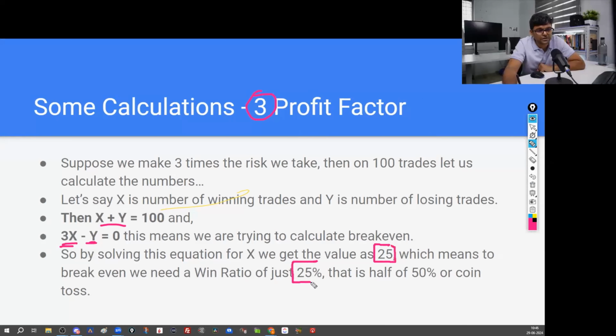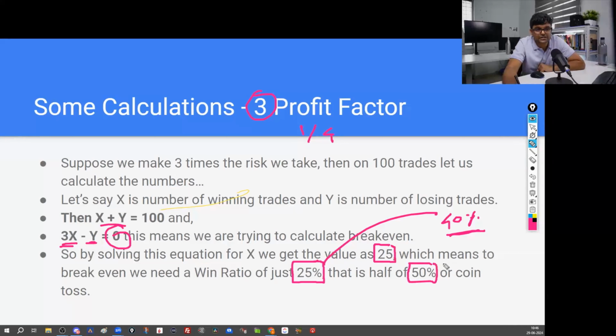What it means, if you are winning 25% of the time, which is 1 out of every 4 trades, but you are making 3 times the average risk you are taking, you will be break even in this case.